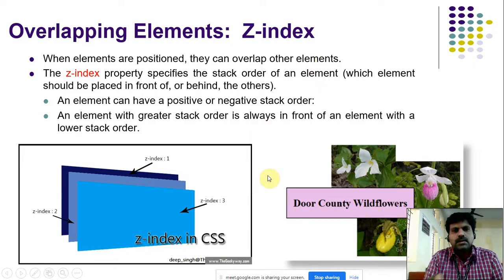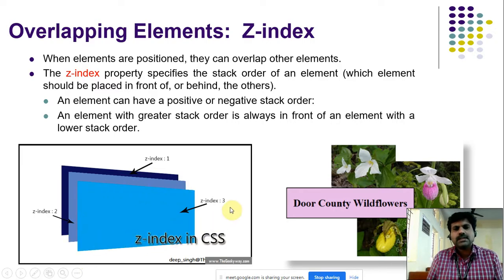For that, remember, you have to give the highest Z index value. For example, here you can see that with Z index 1, the blue color box is in the back, behind the other elements, because it has a lower Z index. If you give Z index 2, it comes in front of the blue one. And when you give 3, look, this particular box comes to the front.